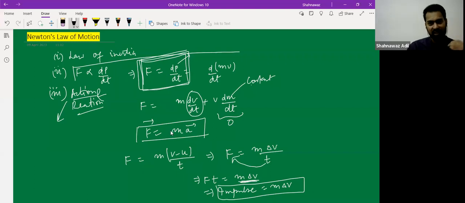So to decrease the impact, you increase the impact time, so your force is decreased. That is why you increase the impact time when you are catching a ball. Understood? Understood, Arpit? Yes, sir. Okay, so now let's do some questions based on this.